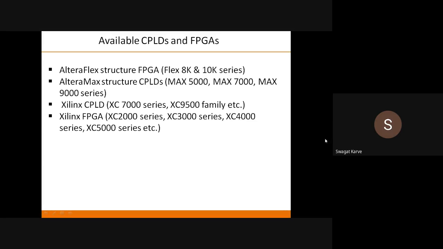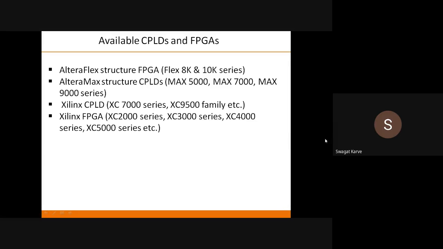So Altera and Xilinx are the two leading companies. They are manufacturing different CPLDs as well as FPGAs, right? Altera Flex is an FPGA; Altera is the company and Flex is the name given to that product. So you have Flex 8K and Flex 10K series available in the market.